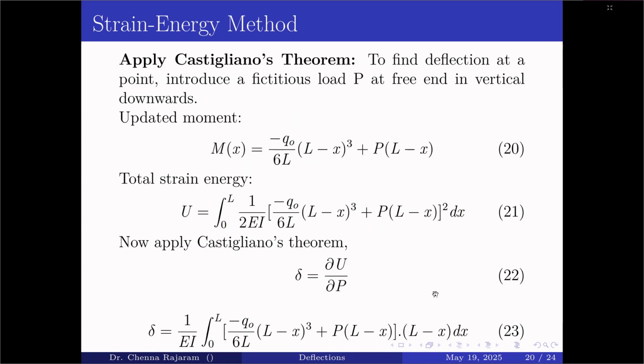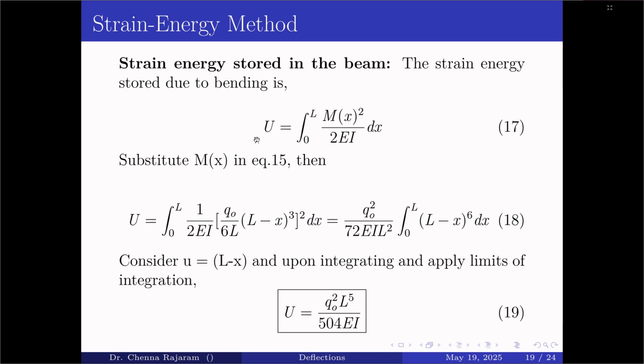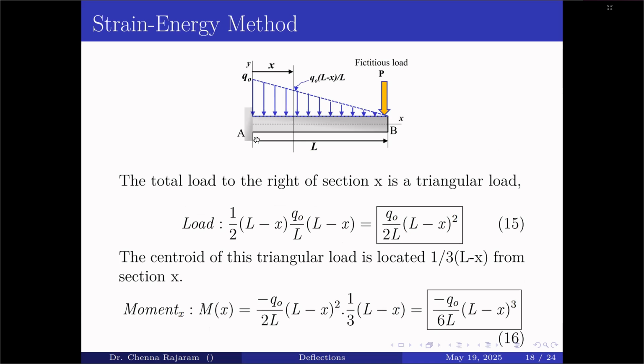To find the deflection at the point, introduce a fictitious load P at the free end in the vertically downward direction. Then the moment that we calculated, M(x), should be updated.